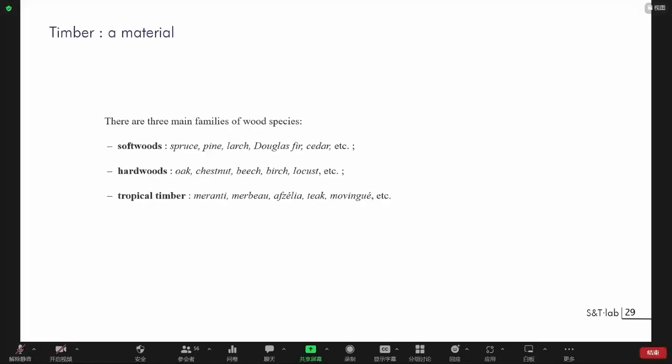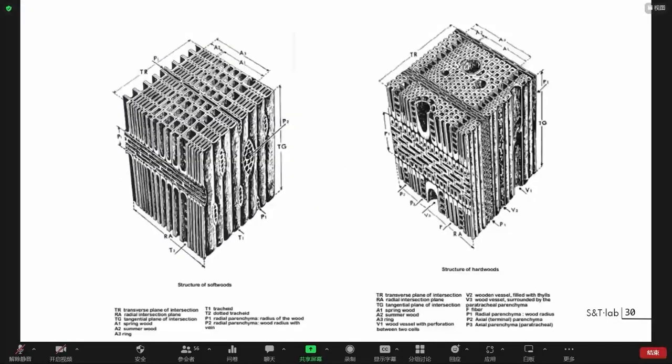About structure, we'll be discussing most of the time softwood, due to specific properties I will discuss later, and hardwood with specific connections or reinforcement, for resistance against forces as well as for fire.